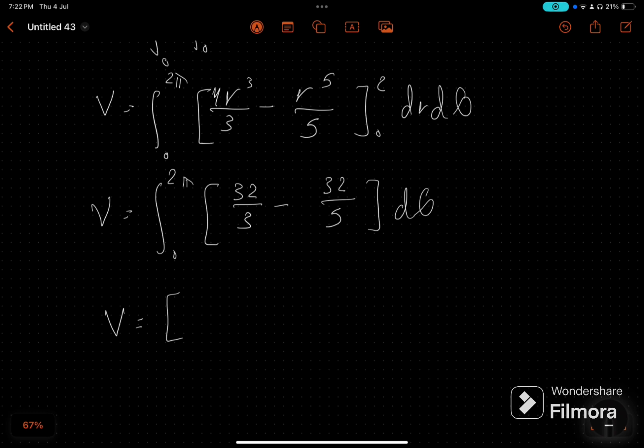So 32 over 3 minus 32 over 5, using my little scientific calculator, is 64 over 15, times theta evaluated from 0 to 2 pi.